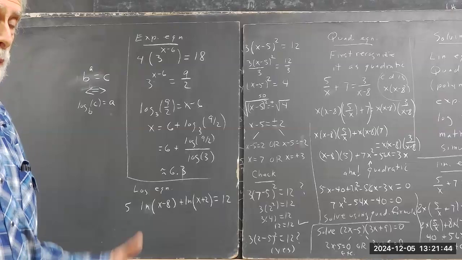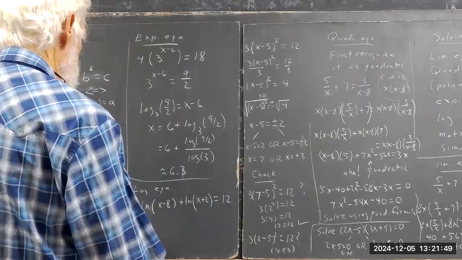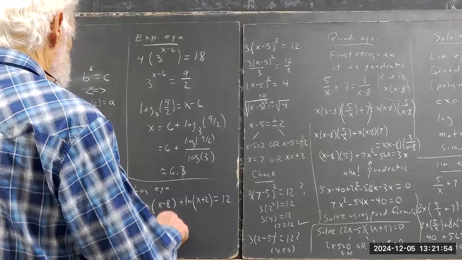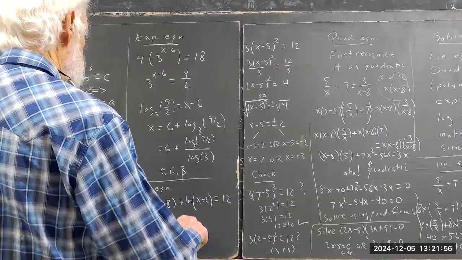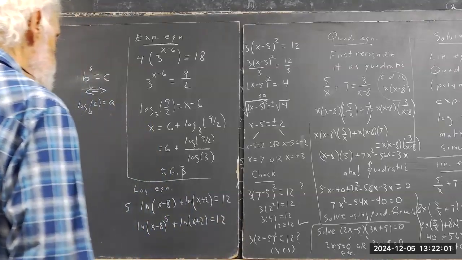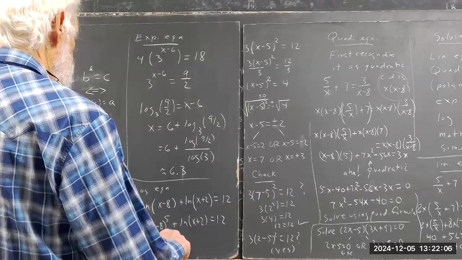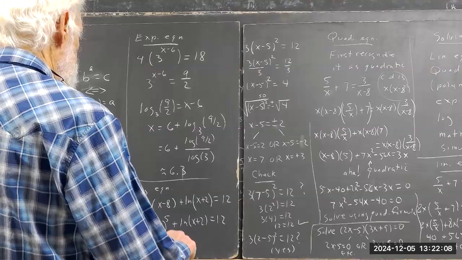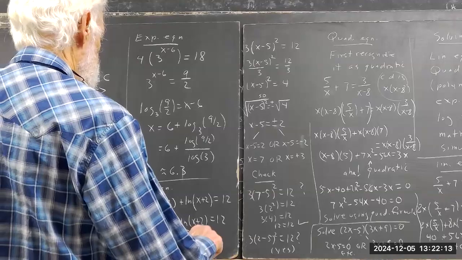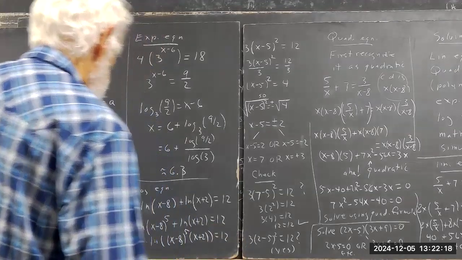What do you do with this? Well, you use the rules of logarithms. You get 5 natural log of x minus 8 plus the natural log of x plus 2 equals 12. But then, of course, you can combine these and you get the natural log of x minus 8 to the 5th times x plus 2 equals 12.